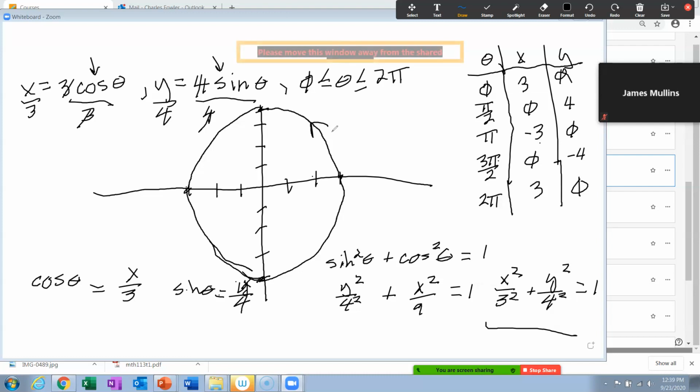Okay. They drew the arrows in even though they supposedly graphed it off the other. They had to go back to the parametric equation and note that it was going counterclockwise. Okay.